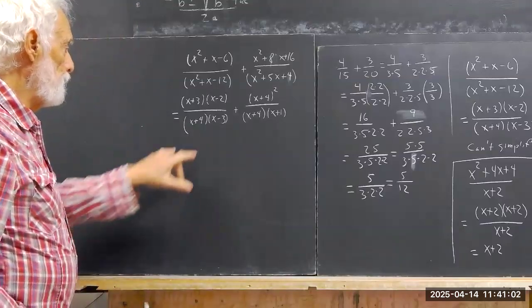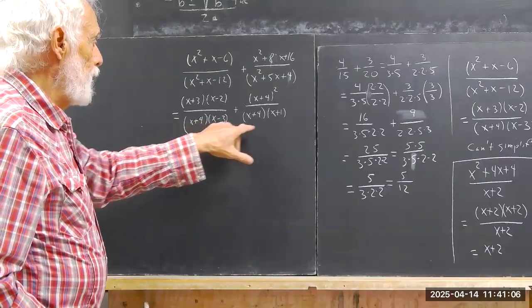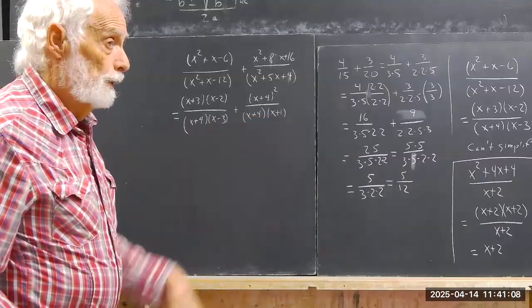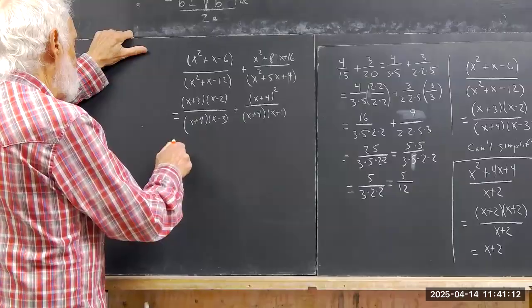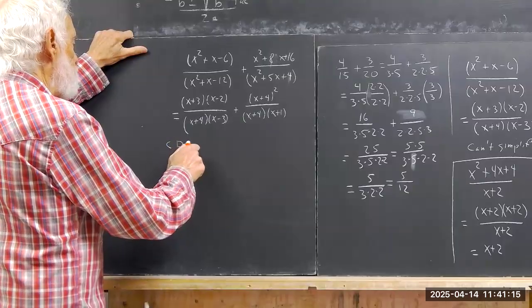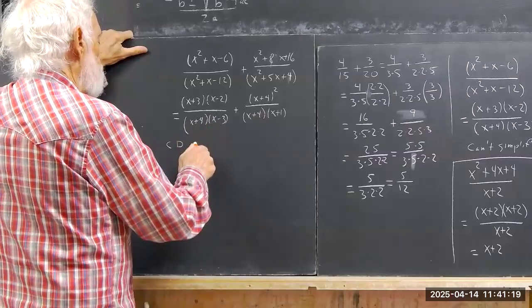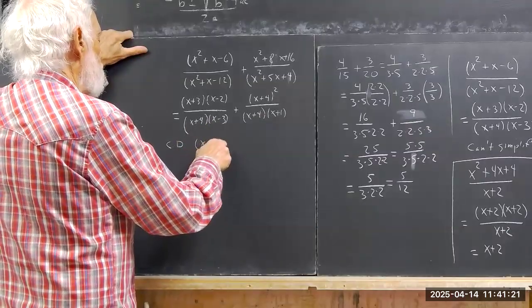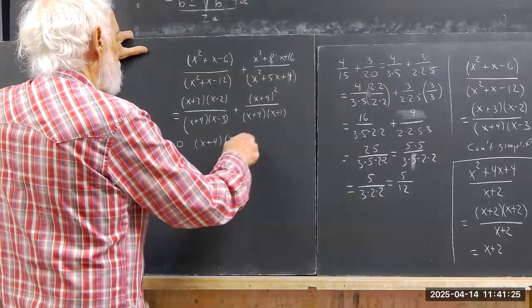Now we find the common denominator. Our denominators are x plus 4 times x minus 3 and x plus 4 times x plus 1. And well, the common denominator, the way I often do this is I just write down the first denominator, x plus 4 times x minus 3.